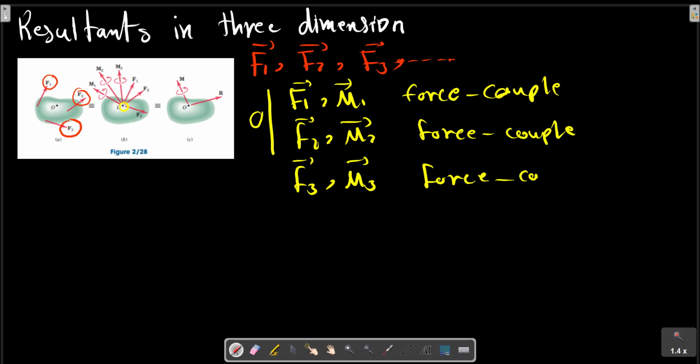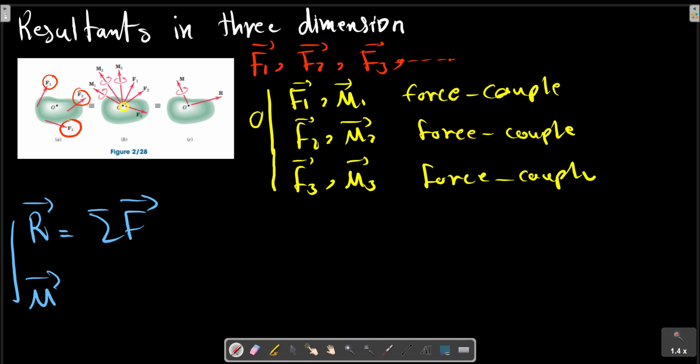We can write the resultant of this replacement: R equals sigma F, and M equals sigma M, which equals sigma r cross F.